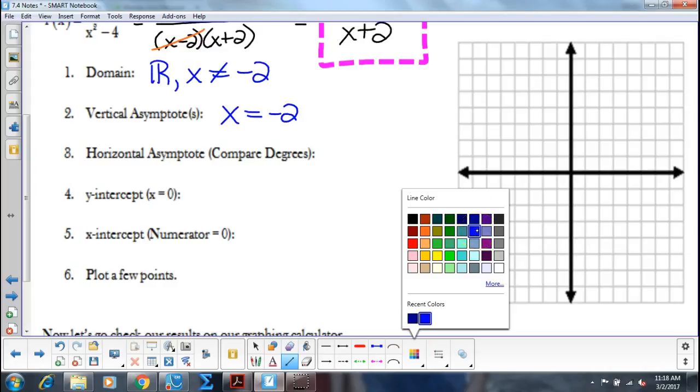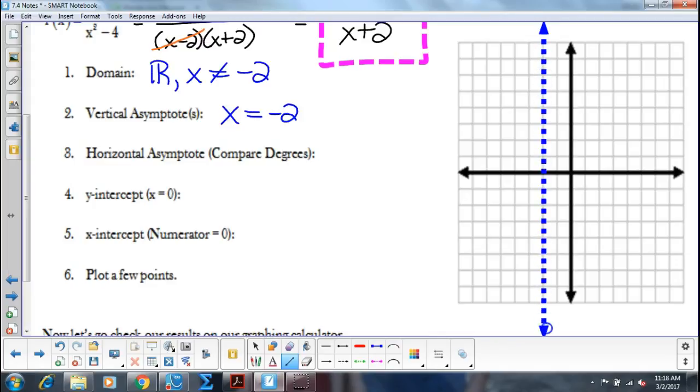Now, I noticed from helping some kids in the MRC that when you are going to graph your rational function, your asymptotes, remember, need to be dashed. Some people were using multiple colors, pen and pencil, or highlighter and pencil, or highlighter, pen, and pencil.